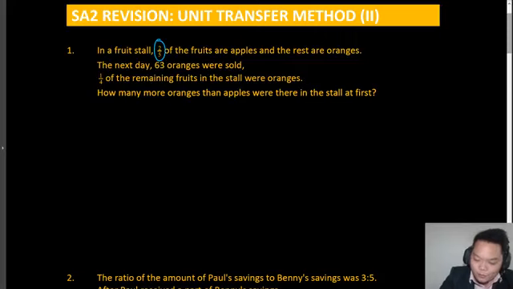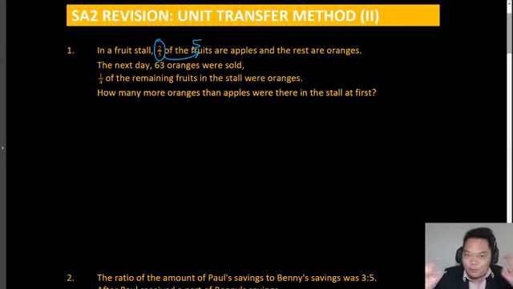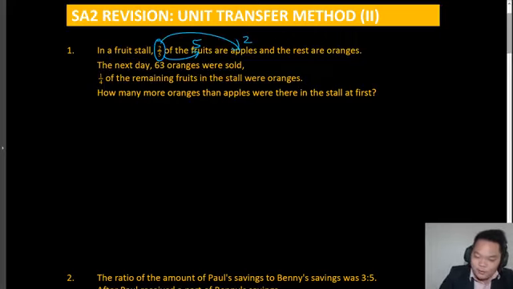2/5 of the fruits means you can draw one long bar to represent your number of fruits, and cut it into 5 equal portions. 2 of them are apples, and the rest are oranges. So this will be 5 minus 2 to give you 3 blocks over here.